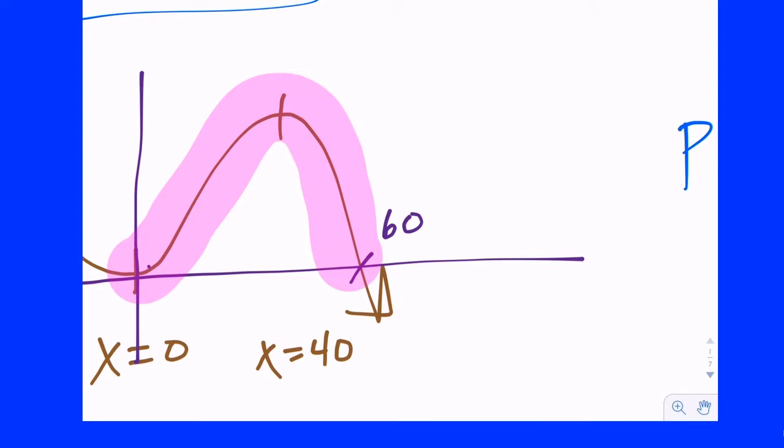Here's what you'd have to say, and we'll practice this later on. You'll have to say something like this. P is maximized, which means absolutely, at x equals 40, since p prime is positive, but not just immediately to the left. P prime is positive for all x between 0 and 40, and p prime is negative for all x between 40 and 60.